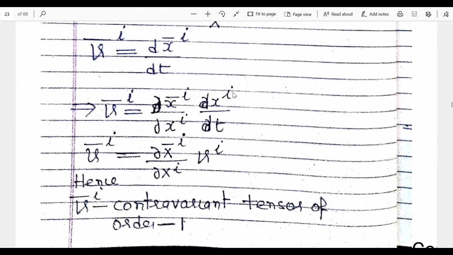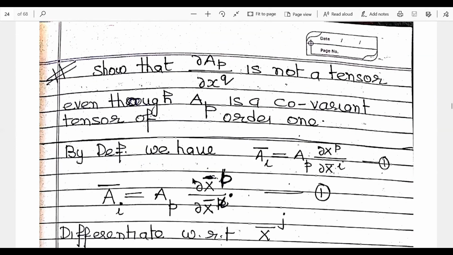Why do we introduce it? In order to find the value in terms of vi. So v bar i is equal to ∂x bar i over ∂xi times vi. Clearly, it is a contravariant tensor of order 1, by the law of transformations.